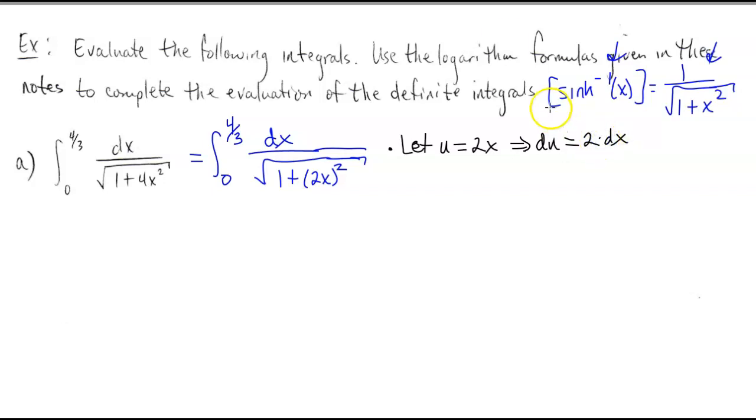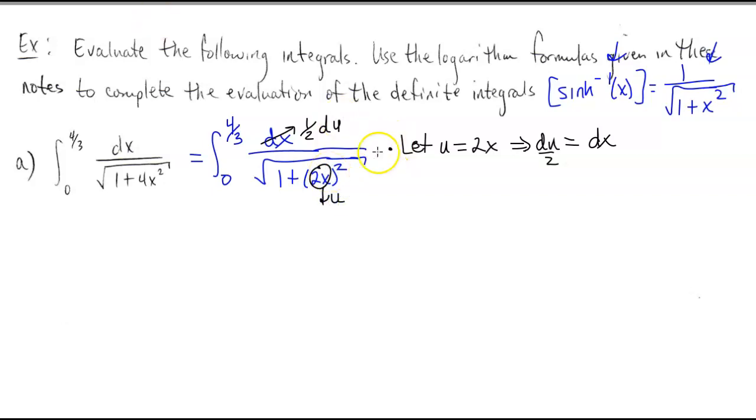And from there we could replace dx with just 1/2 du. So let's divide both sides by 2 there. Of course, all of this will just be 1/2 du. This in here will just be u.